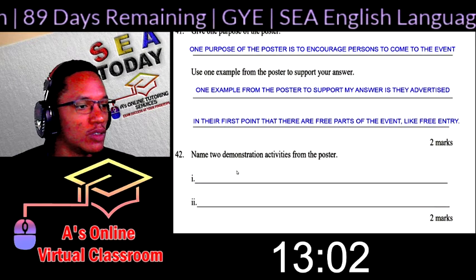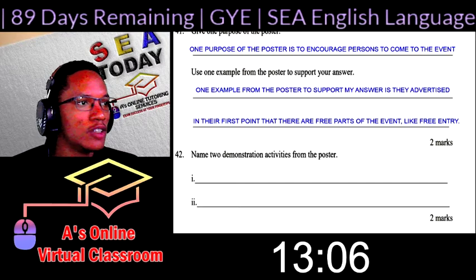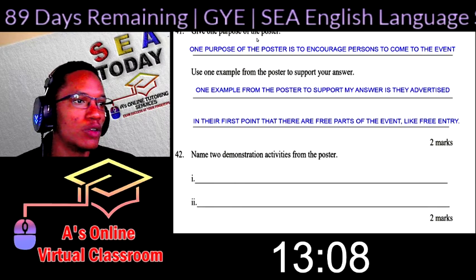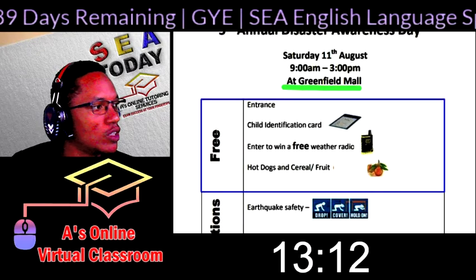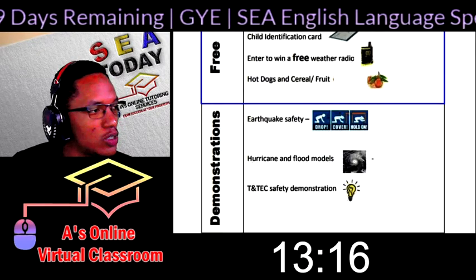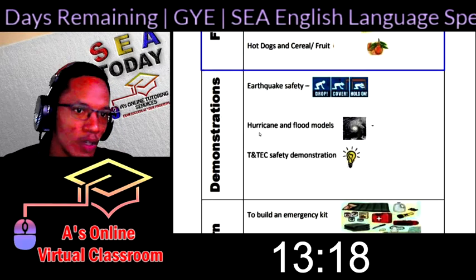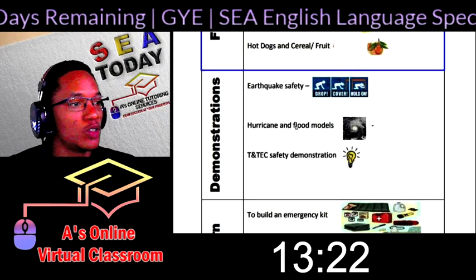Let's move on. Name 2 demonstration activities from the poster. So this one is a read off from the poster because they did mention or give us a part on demonstrations, which is to the middle here. And as you can see, there are 3, and the question is asking us for 2.